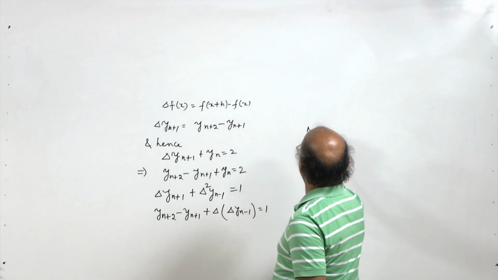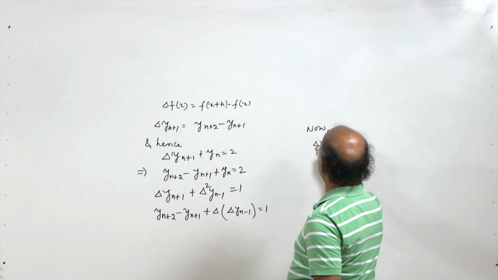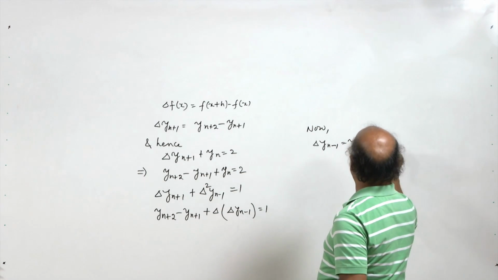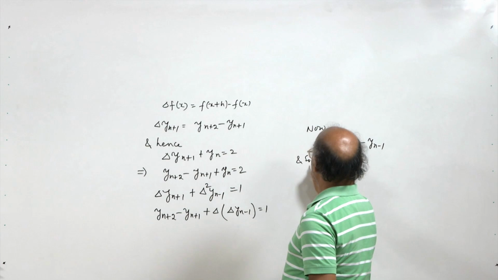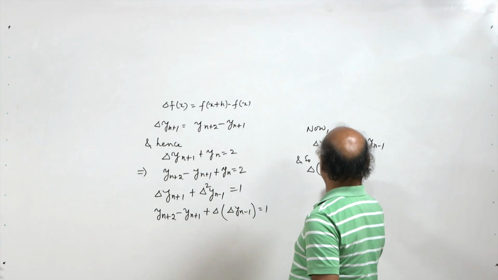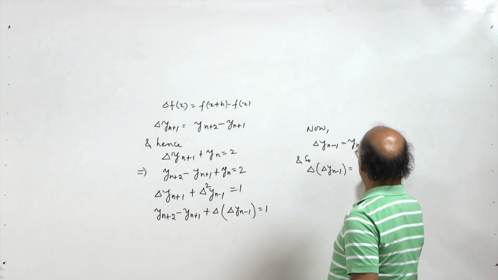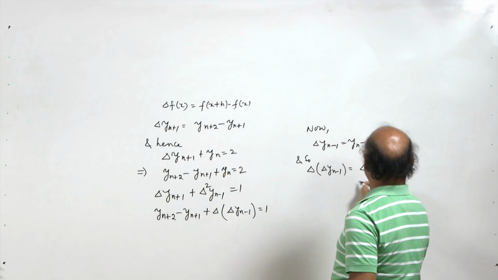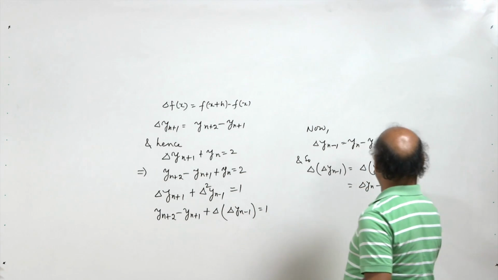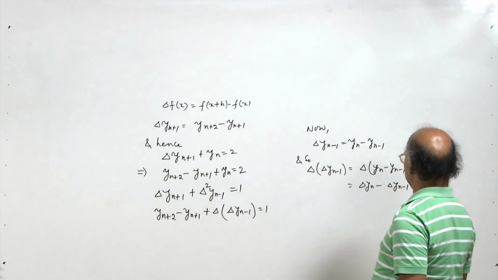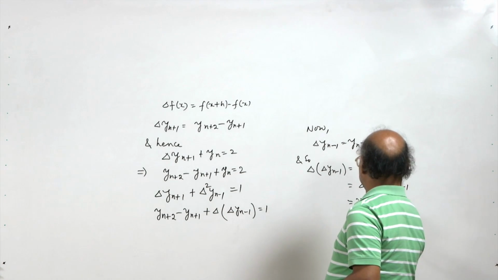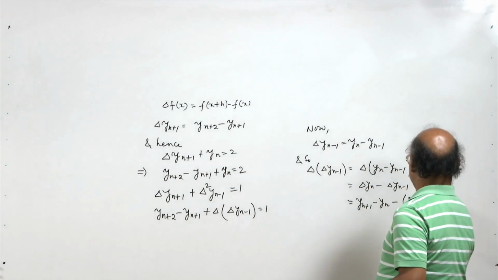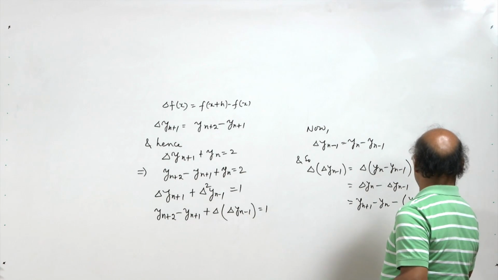Now, Δy(n-1) is equal to y(n) - y(n-1), and so Δ(Δy(n-1)) is equal to Δ of (y(n) - y(n-1)), which is equal to Δy(n) - Δy(n-1). But Δy(n) is y(n+1) - y(n), and here this is y(n) - y(n-1).